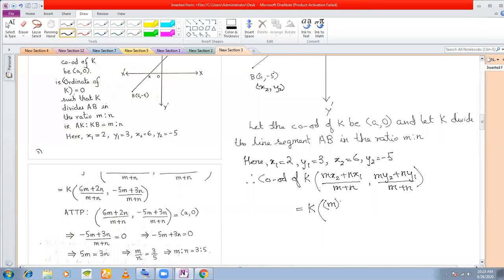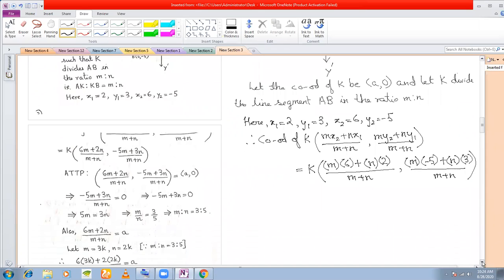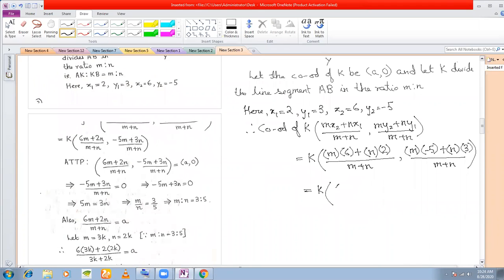We don't know the value of M. X2 here is 6 plus N, we don't know the value, x1 here is 2, divided by M plus N. We need to find out the values of M and N. And my2, y2 is minus 5 plus N, y1 is 3, divided by M plus N. So we get 6m plus 2n by m plus n, and minus 5m plus 3n by m plus n.